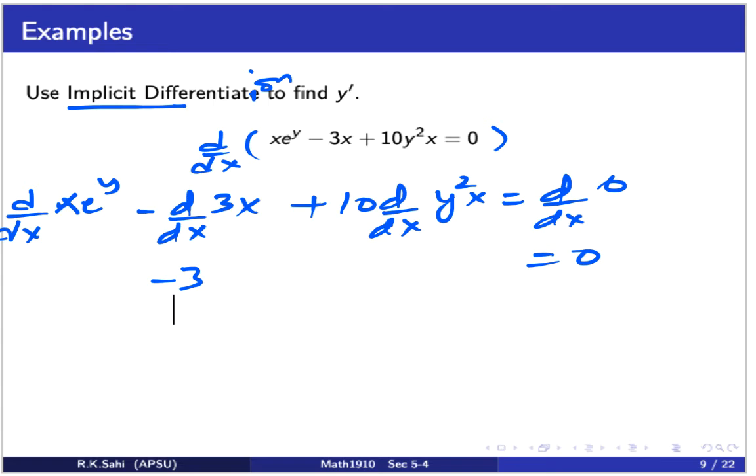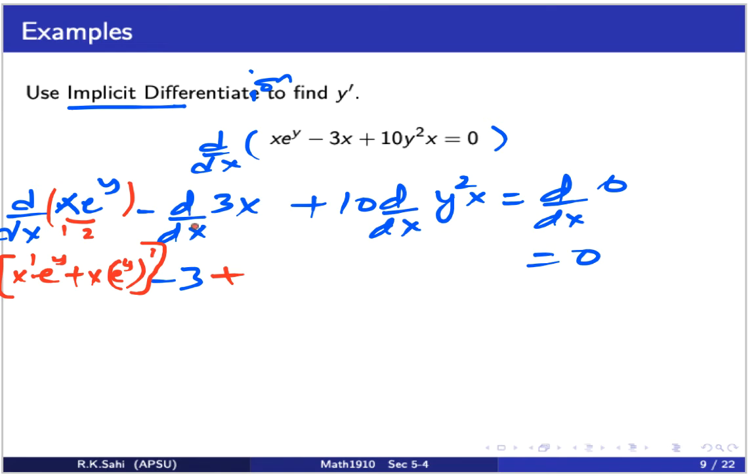Now, d/dx of x times e to the power y. Remember, this is a product first. So you're going to do 1 and 2. So it will be x prime times e to the power y plus x times the differential of e to the power y. This is one expression, guys, remember.